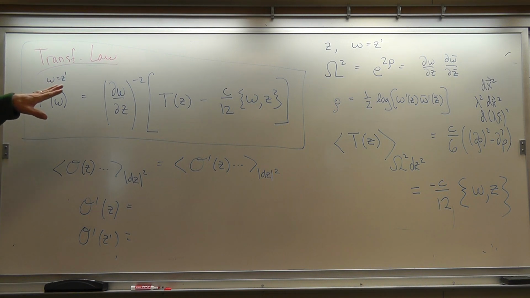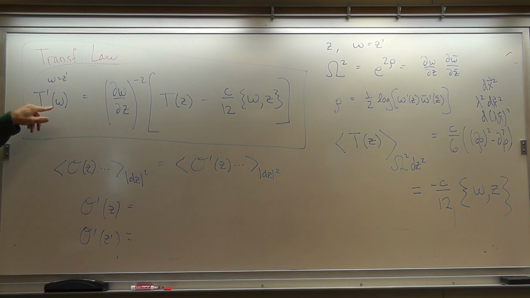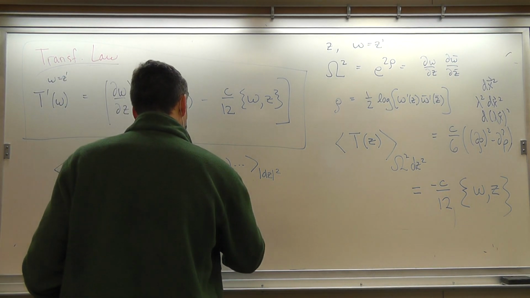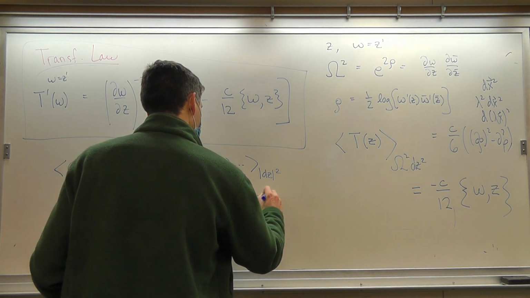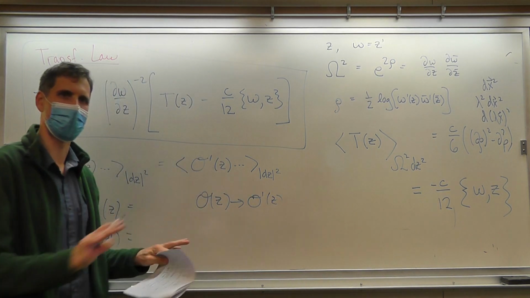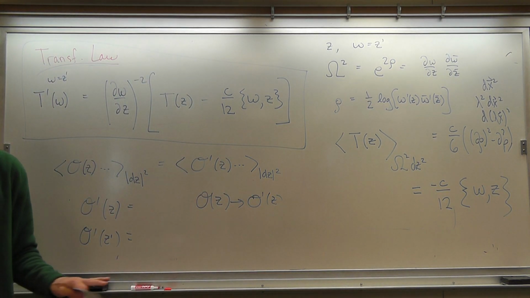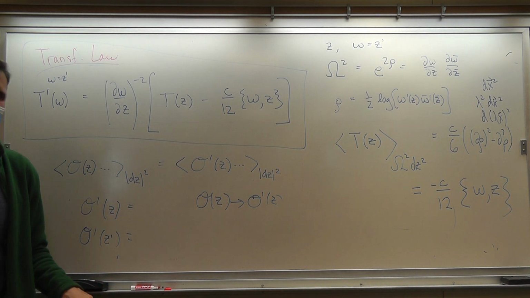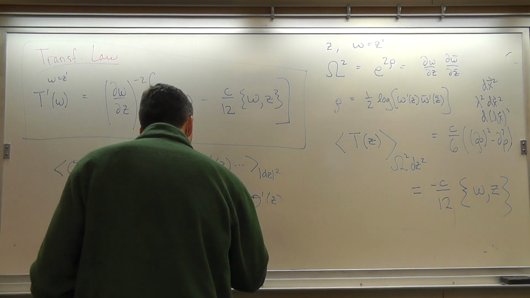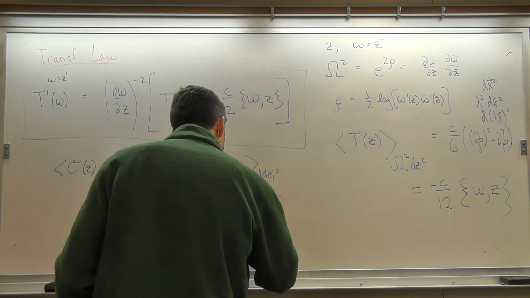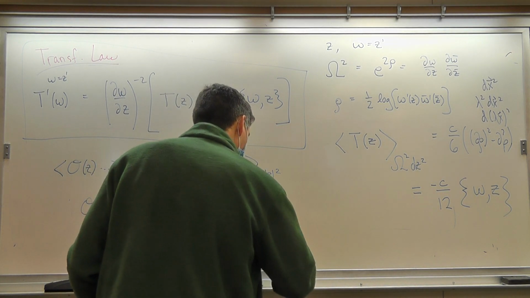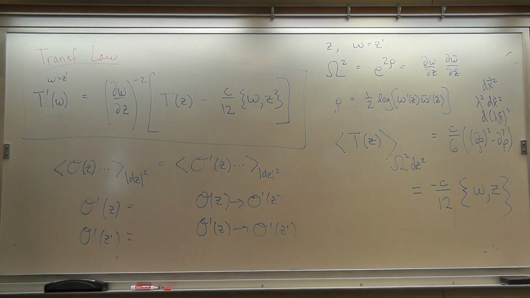The way this one is written, it's like T prime of Z prime. So I'm writing T prime of Z prime. In particular, if you replace O of Z by O prime of Z, physics is invariant. That's the statement of conformal invariance. If you replace O prime of Z by O prime of Z prime, the physics is not invariant.